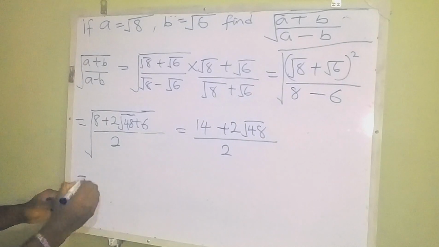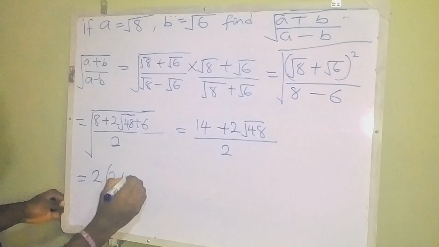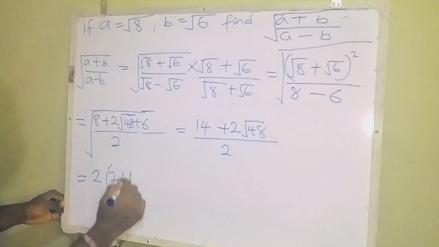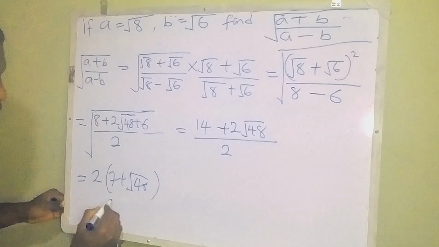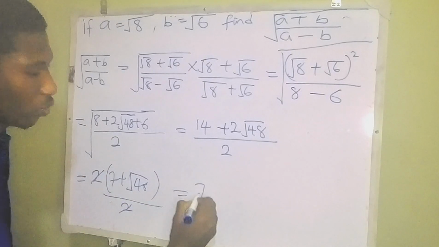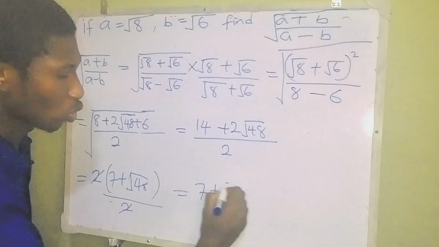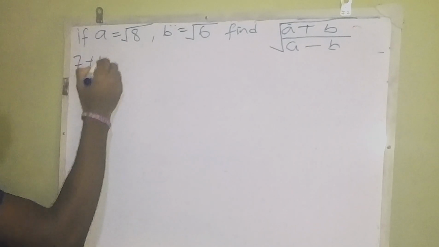So I can factorize it and have 2 bracket 7 plus square root of 48, divided by 2. And these two cancel out, which gives me 7 plus square root of 48.